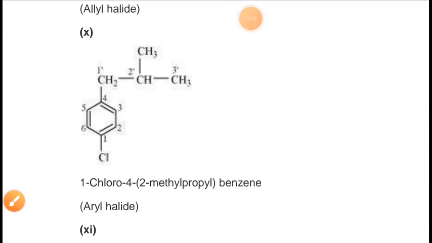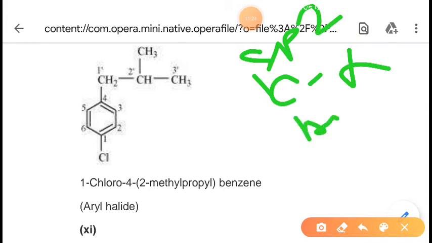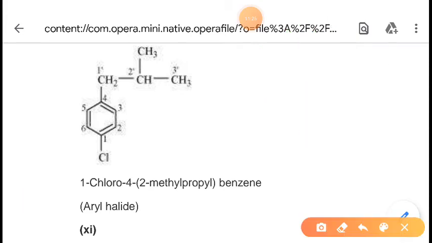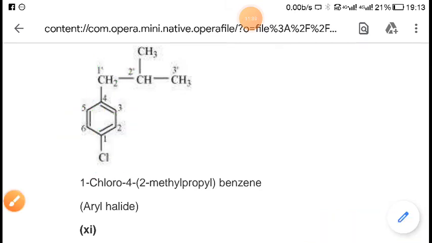What is the condition for aryl halide? The carbon which is attached to the halogen should be sp2 as well as aromatic. So you can see here, this carbon is sp2 as well as aromatic. So this is called aryl halide.